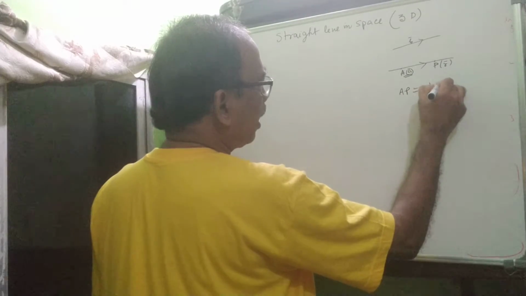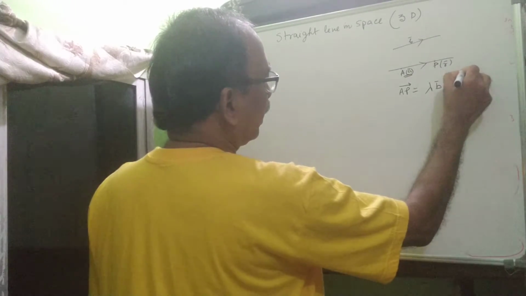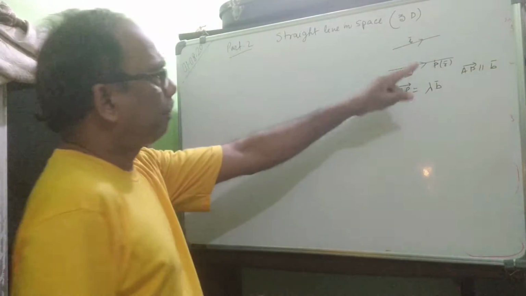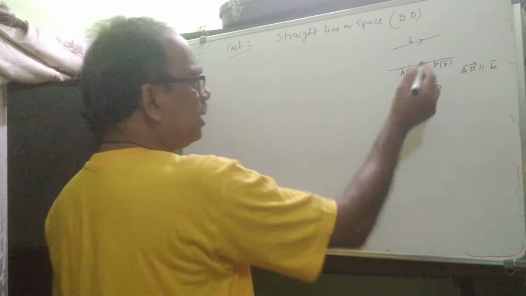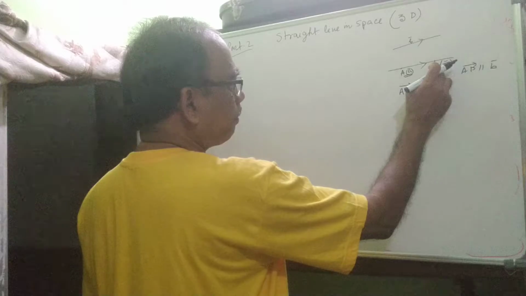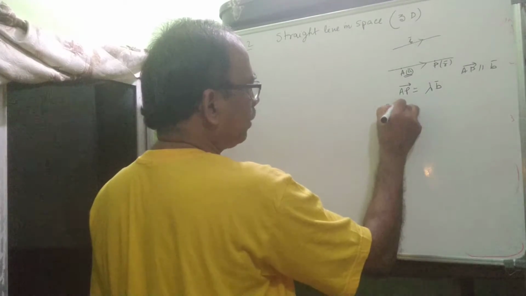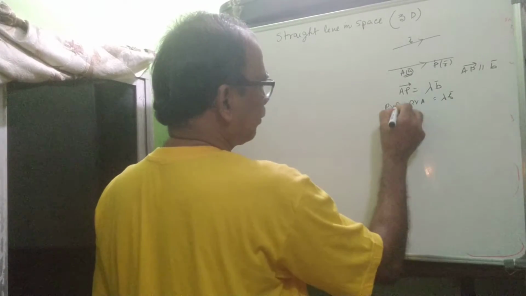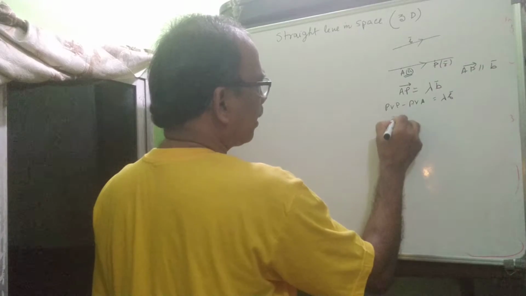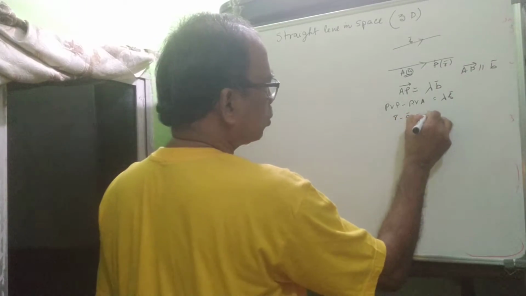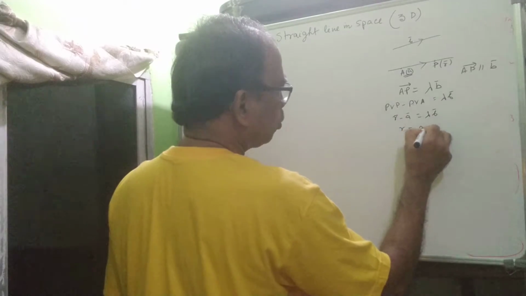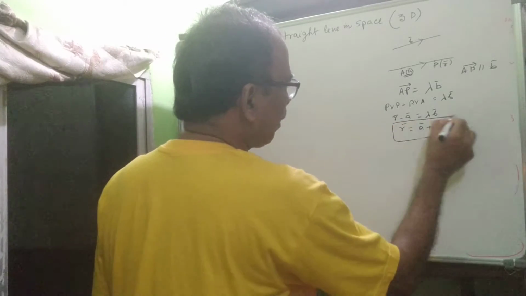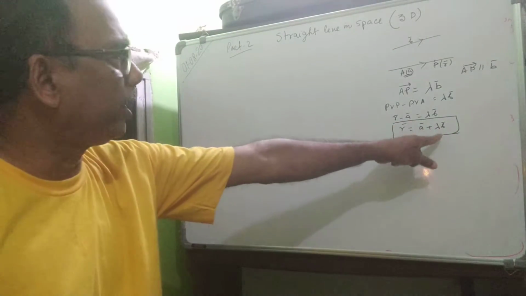AP equals lambda B. AP is P minus A, position vector of P minus position vector of A, equals lambda B. Position vector of P is R, so R minus A equals lambda B. Then R equals A plus lambda B. Then we got the equation of a straight line passing through the point A parallel to the vector B.